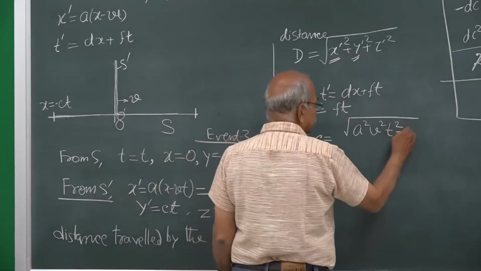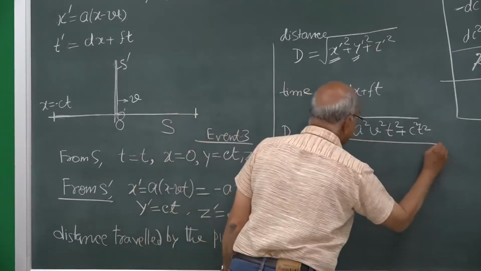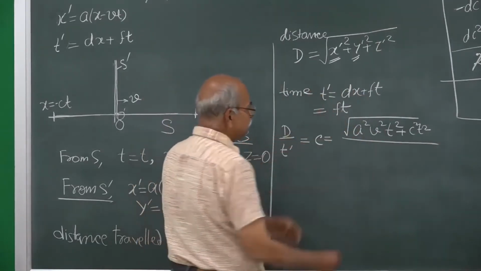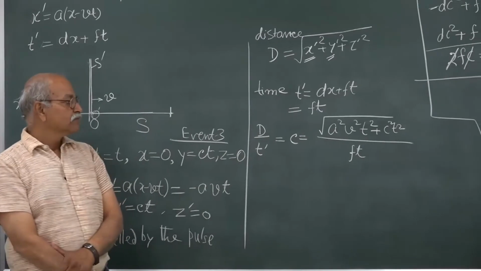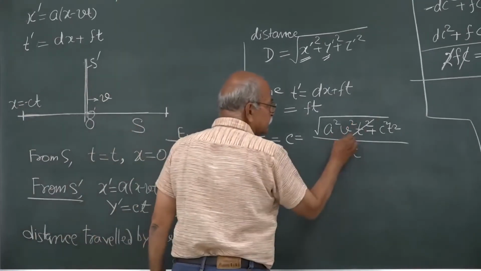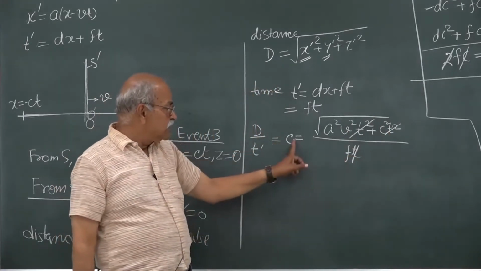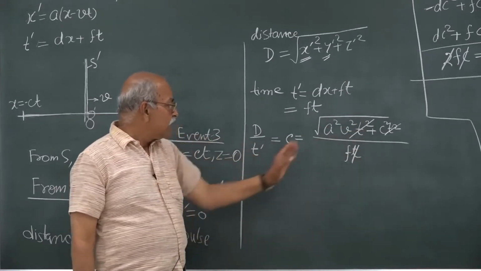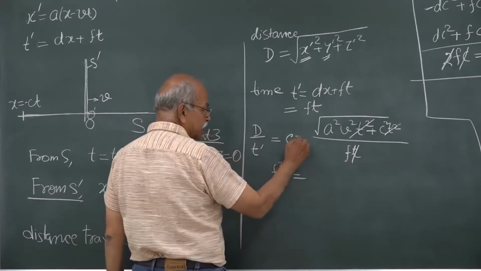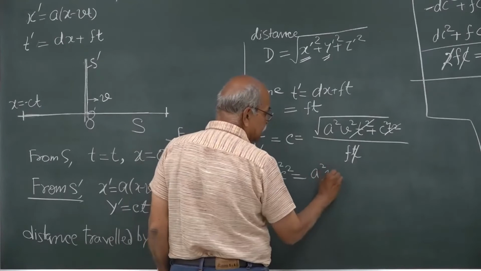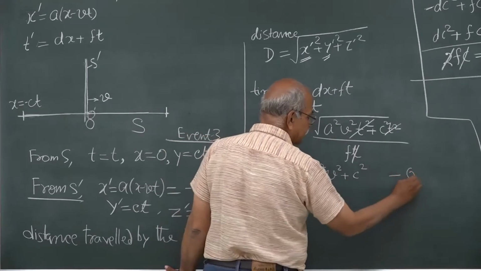So, plus c square t square, and z prime is 0, and that is divided by t prime, and t prime is f into t. So, t cancels out, and you have f into c is equal to the square root of this. So, square it, you have f square c square is equal to a square v square plus c square. This is our equation number 3.